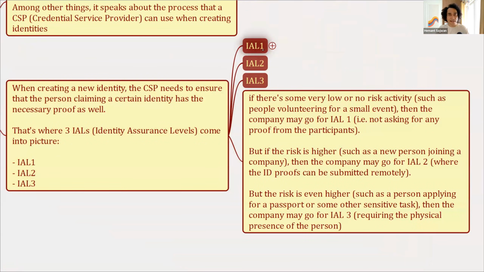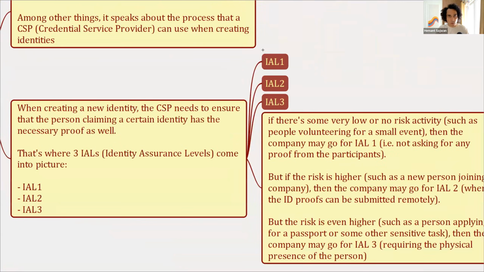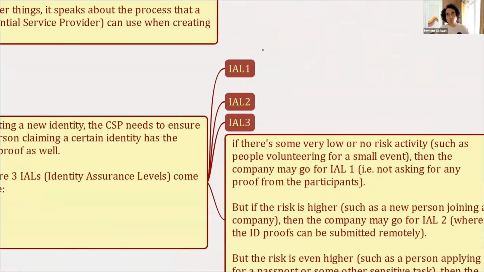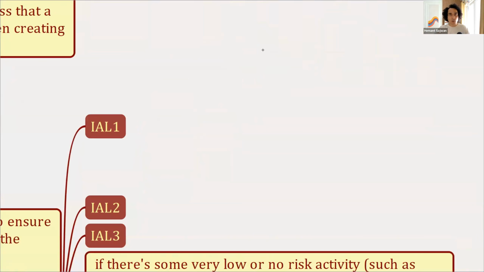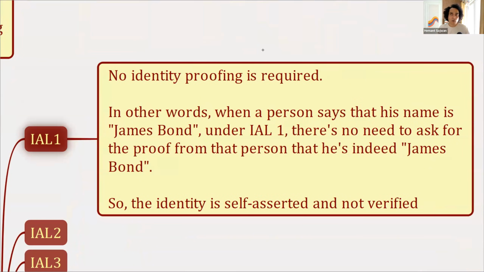First, we have IAL1, Identity Assurance Level 1. With IAL1, there is no proof that needs to be submitted. For example, if you're creating your account on some public forum or some blogging website, you can just create your username and password and that's it. You don't have to submit proof that you are who you are claiming to be, because that website does not need to ask you for all of that proof, right?